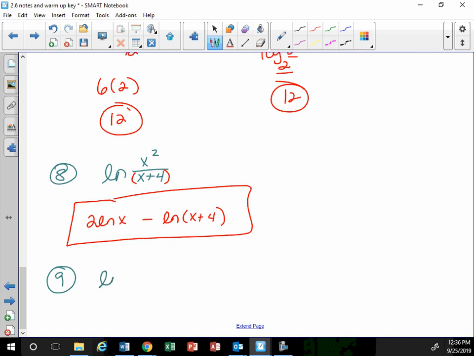All right, so natural log of the quantity x minus 4 squared over x times x plus 5 cubed.